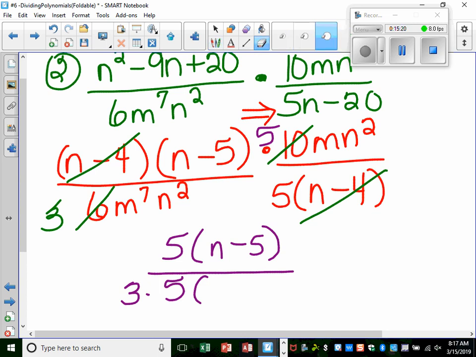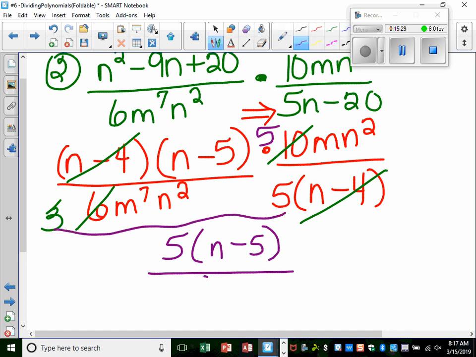Actually, let me write it a different way. I'll just say 15. I'll just go ahead and multiply the bottom together. So I'm just going to take these and multiply them together. So 15, and then I forgot to write this. And then I'm going to have m to the 7th and n to the 3rd.